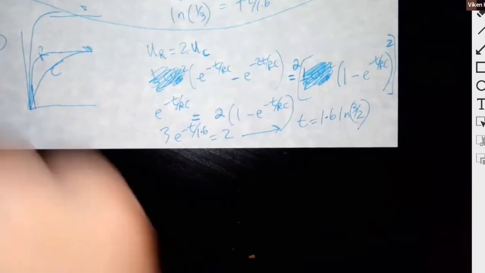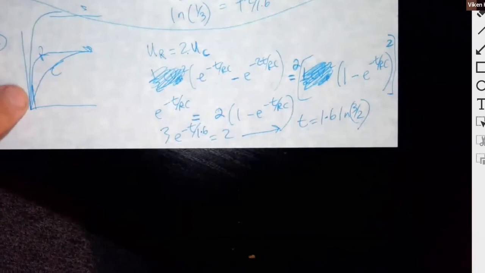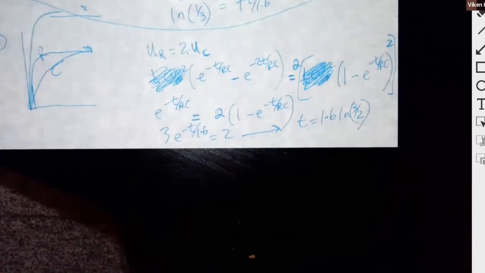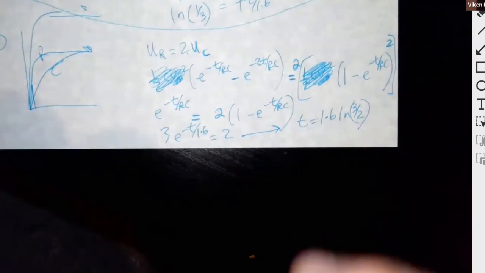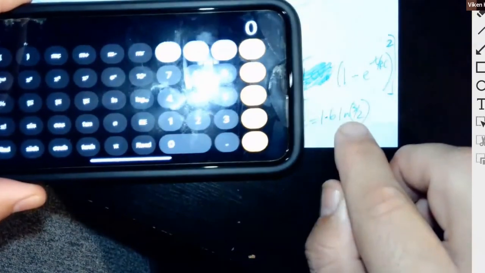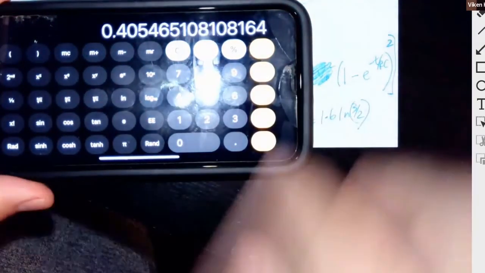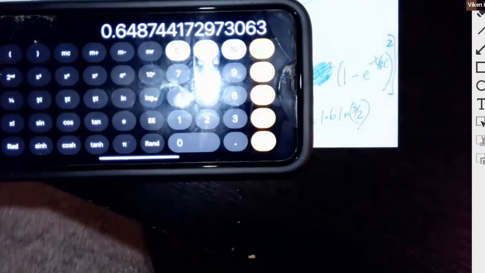It should happen relatively quickly. That's when the resistor dominates. So you're going to have ln of 1.5, okay, times 1.6. Oh yeah, very quickly.